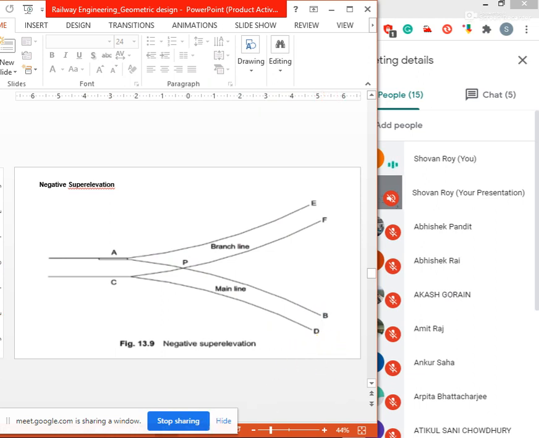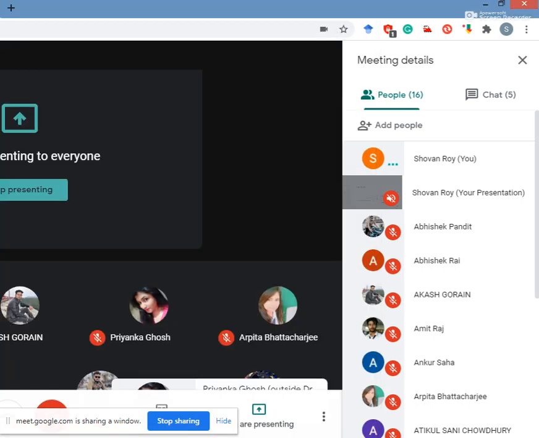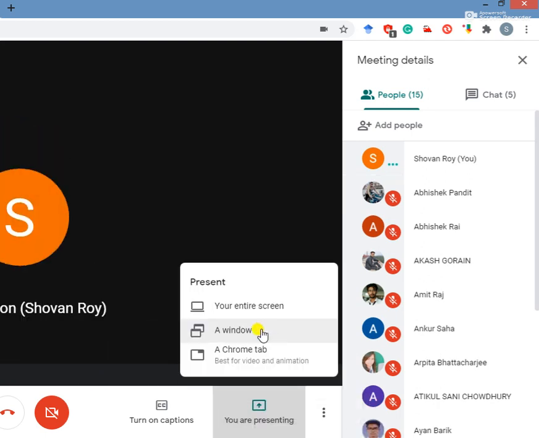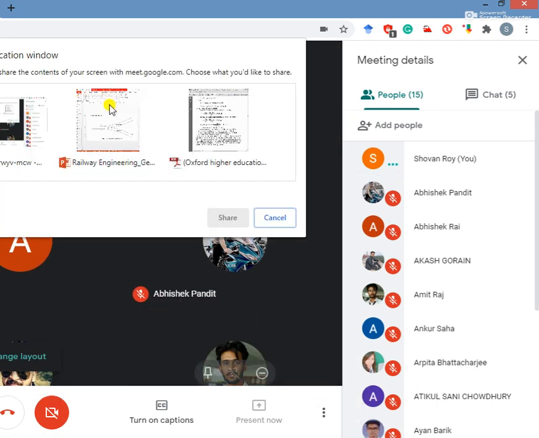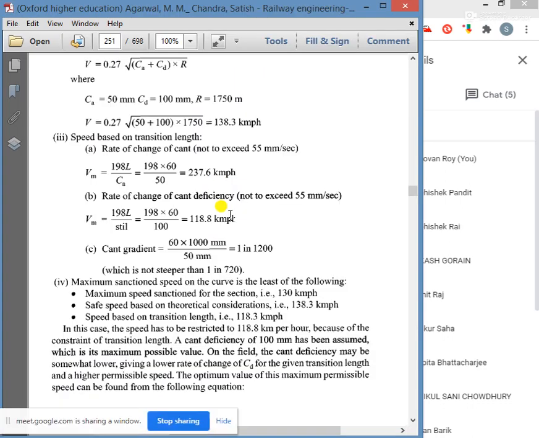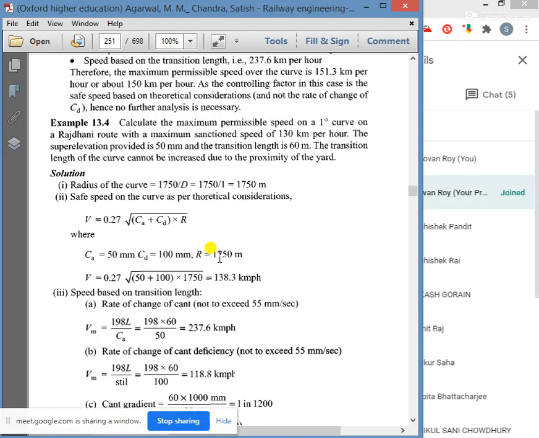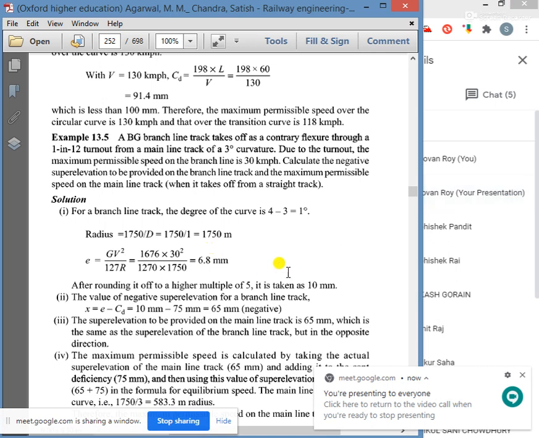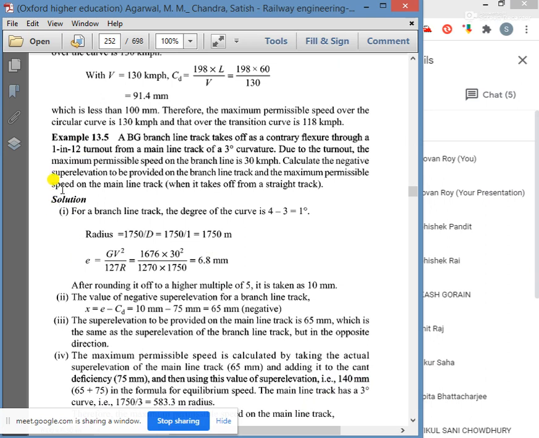Now, let us see a numerical problem regarding negative super elevation. There is one numerical on negative super elevation in the Agarwal book.